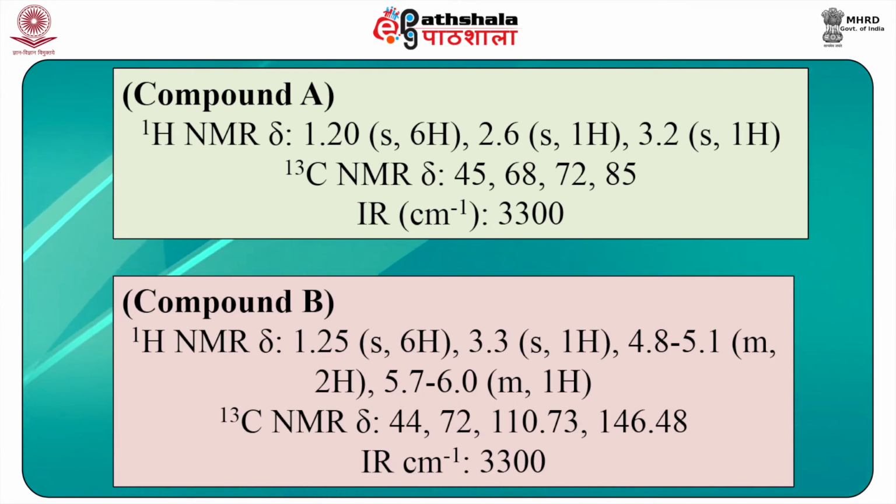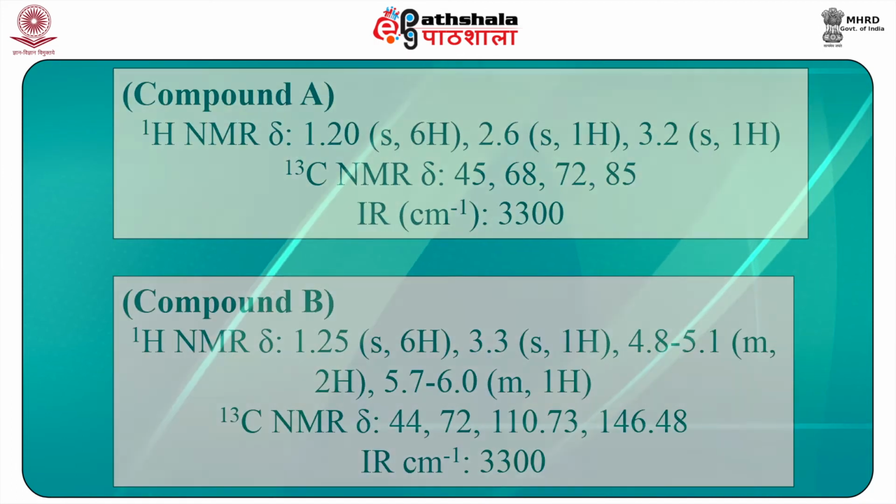Carbon 13 NMR shows peaks at 44, 72, 110.73 and 146.48 ppm. The IR absorption shows a peak at 3300 cm inverse, and the peak at 3.3 disappears on shaking with deuterium oxide. Determine the structure of the compound.